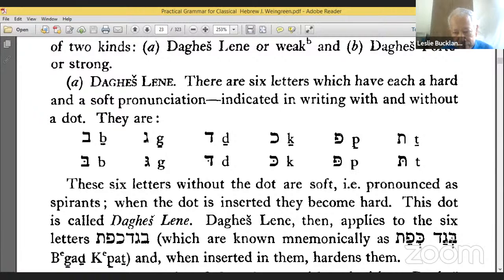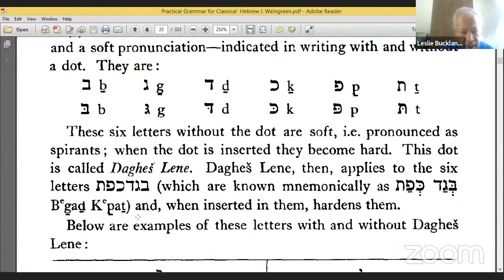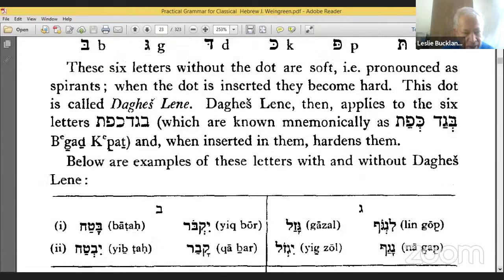Dagesh Lenny then applies to the 6 letters, Vaith, Gimel, Daleth, Kaf, Fe, Tav, which are known mnemonically, as a memory device, as Begad Kefat. And when the Dagesh is put in them, it hardens them. And here are examples of letters with and without Dagesh Lenny. For example, Batak. Notice that Dagesh Lenny is in the Bet.